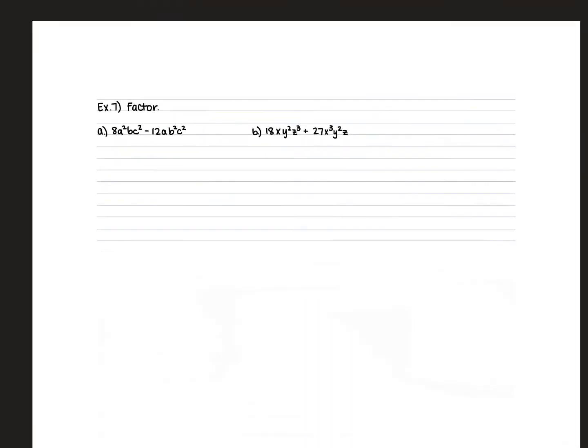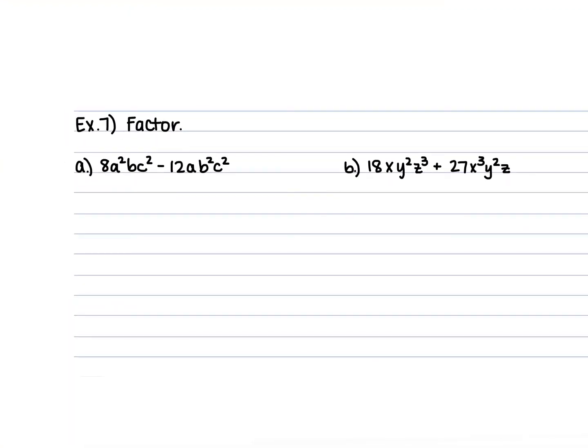For our last examples, for example 7a, we have 8a squared bc squared minus 12ab squared c squared. To factor this, our greatest common factor between these two terms, at least the 8 and the 12, is 4.